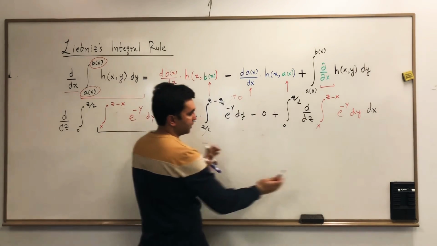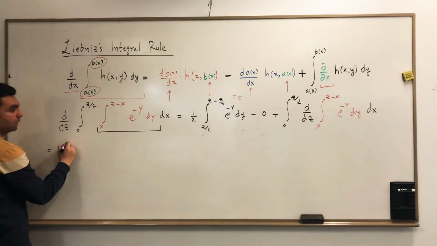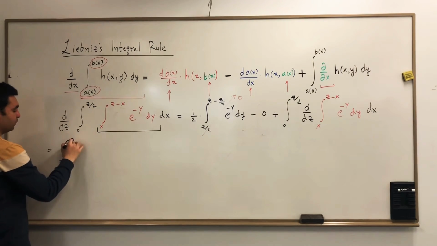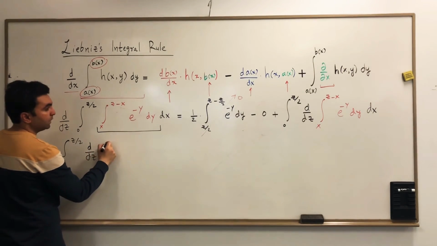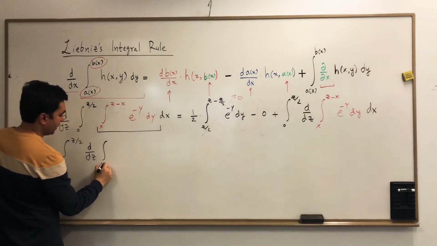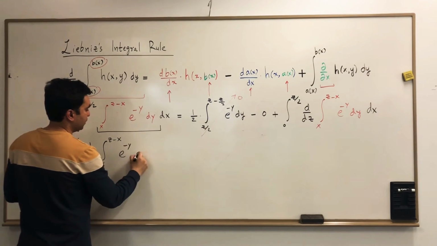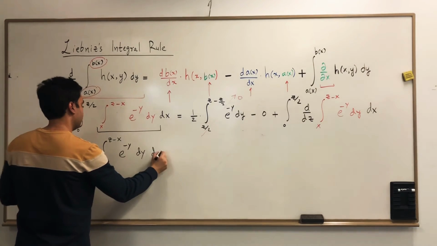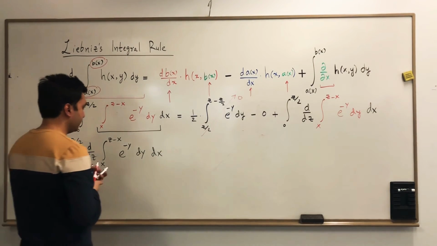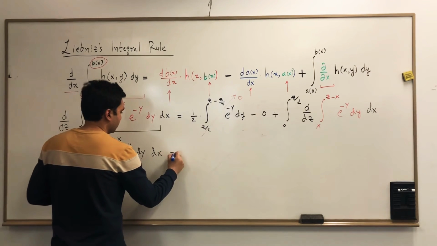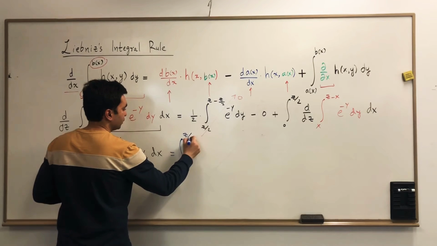So we are left with just the third term, that is 0 to z over 2 d by dz x to z minus x e to the negative y dy dx. So let's put the outer integral in blue, 0 to z over 2.